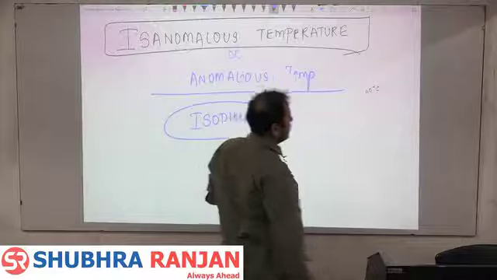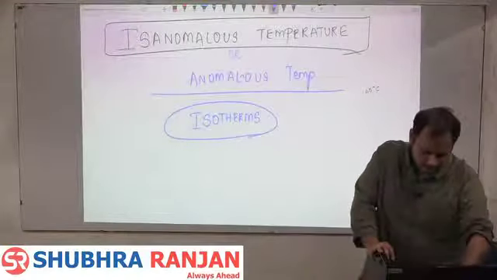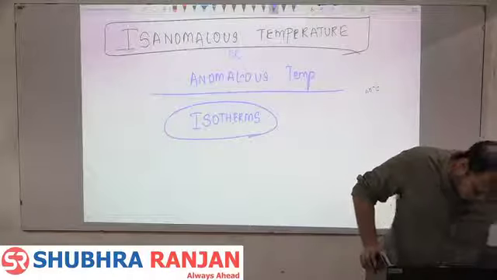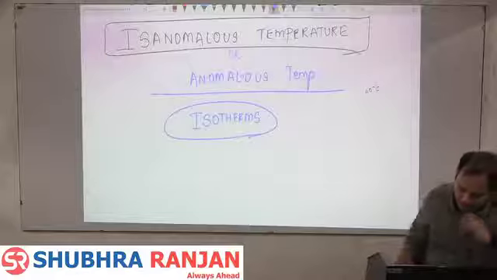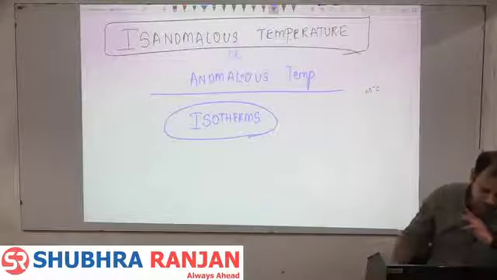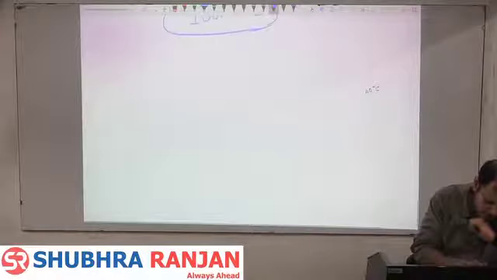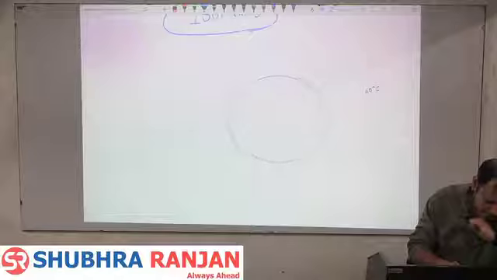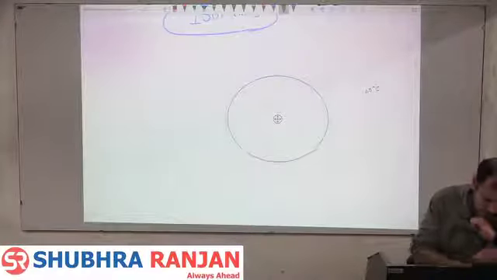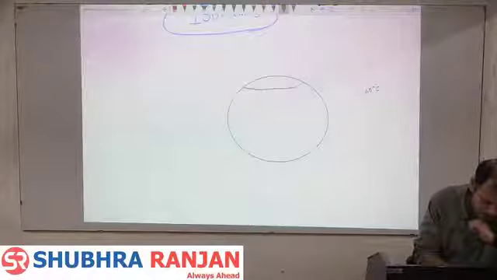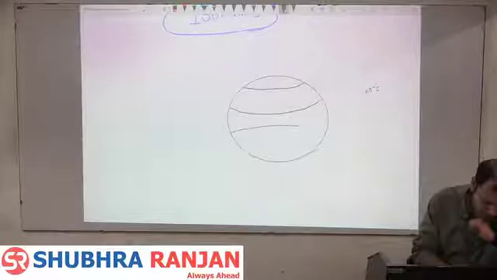With the help of latitudes and isotherms, modern as well as classical geographers have divided the earth into three major zones.